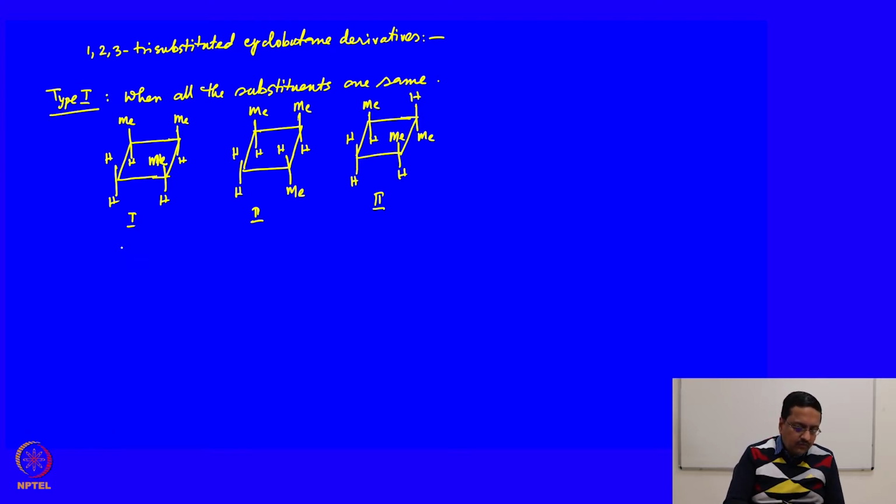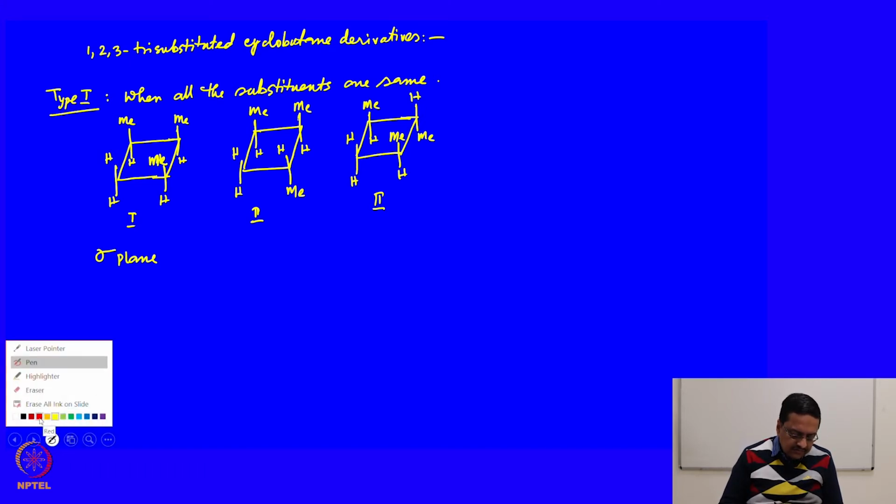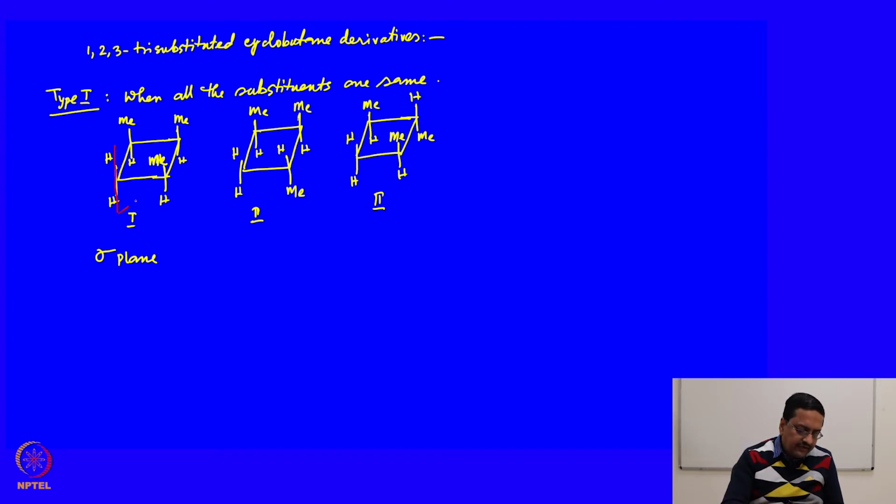So, what we see in 1, we have a sigma plane. That sigma plane contains the unsubstituted carbon atom, this plane which is here. Therefore, this molecule has symmetry CS, so CS point group, and therefore, it is again a meso compound and optically inactive.